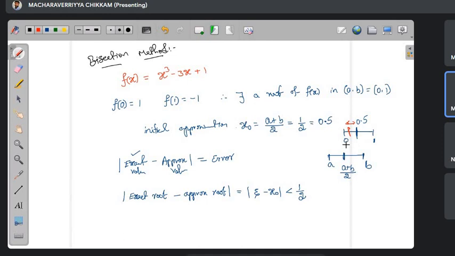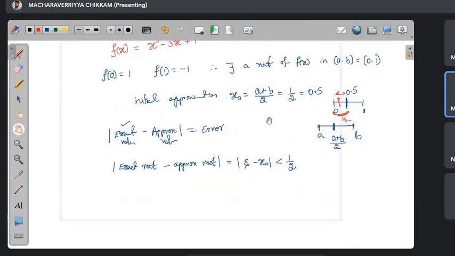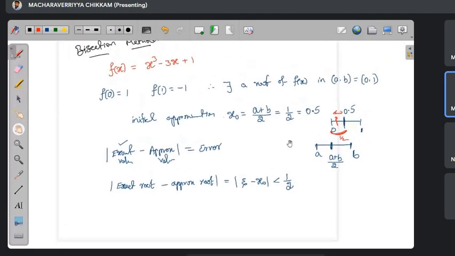All I can say is it is less than this distance, which is exactly 1 by 2. So now if you want to calculate the accuracy here, it is the length of this interval, not exactly a comma b, I'm talking about the other one, a comma a plus b by 2. This will tell you the accuracy of the root.